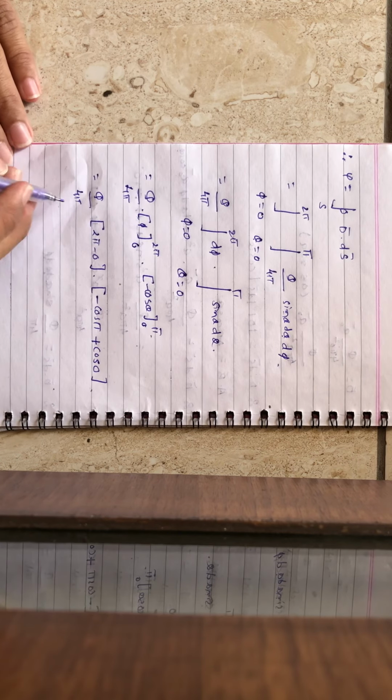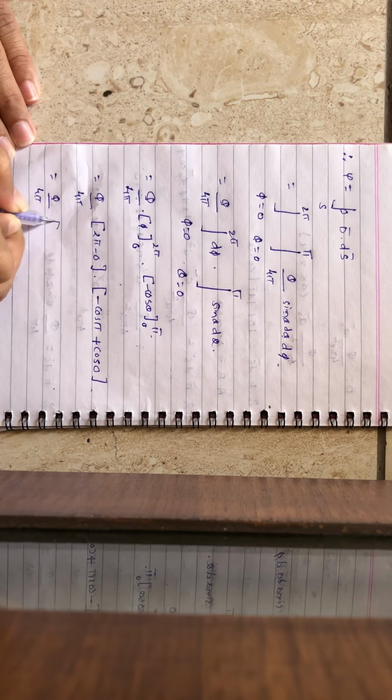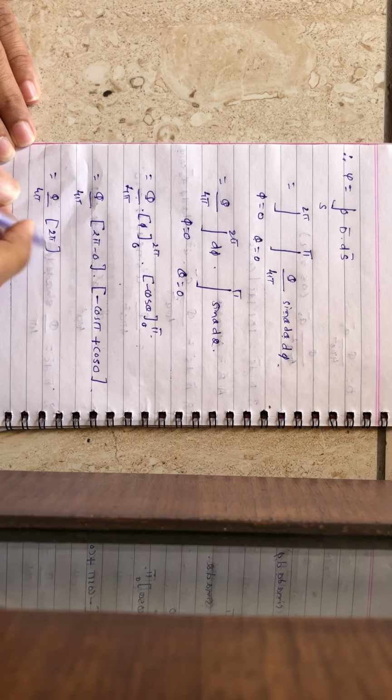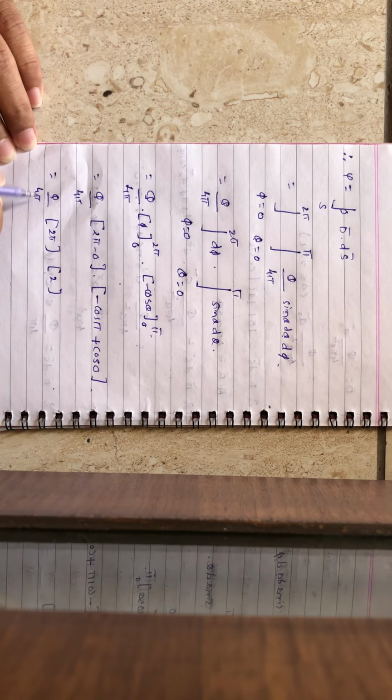So Q over 4 pi into 2 pi into 2. The 2 times 2 is 4, the 4 cancels and the pi cancels.